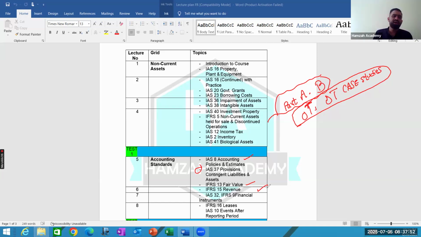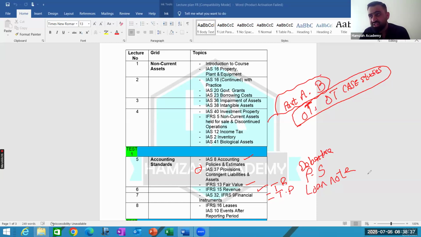Then we have IAS 32 and IFRS 9. IAS 32 and IFRS 9 are the accounting standards for financial assets and financial liabilities, like trade receivables, trade payables, debentures, preference shares, loan notes.